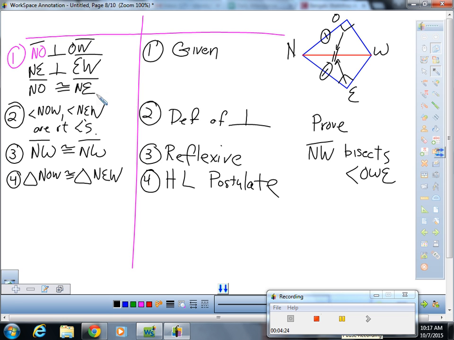So, we want to prove that NW bisects some angle. So then we've got to say that angle OWN, who would have thought that OWN would have produced so many different words? It's like an anagram. Angle OWN is congruent to angle EWN by CPCTC.